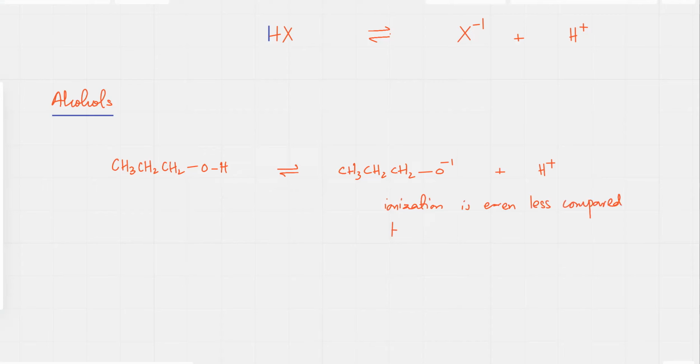If you remember, water also did not dissociate that much. The ion concentration in water was 1 into 10 power minus 7. So the concentration of H plus one would be even less than 1 into 10 power minus 7 mole per dm cube, which is very, very little. So it hardly ionizes.